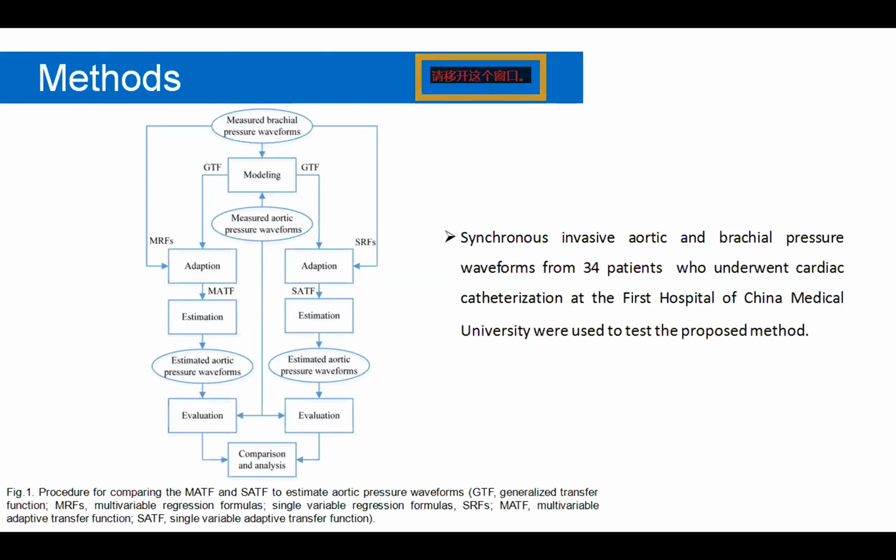Next, the MATF and SATF were obtained by adapting the GTF with the multivariable regression formulas and single regression formulas. The SATF and MATF were then used to generate the aortic pressure waveforms. These estimated aortic pressure waveforms were evaluated by comparison with their measured counterparts.